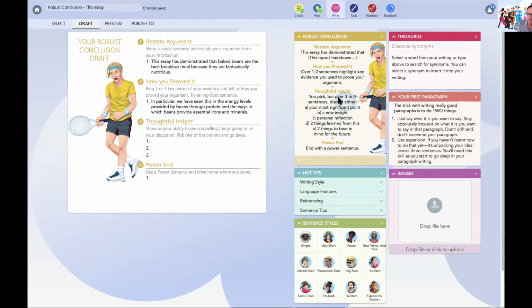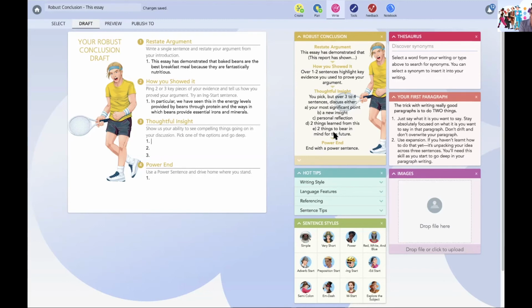You pick, but over 3 or 4 sentences discuss either your most significant point, a new insight, a personal reflection, 2 things we could actually learn from this, or 2 things to bear in mind for the future. I've given you 5 possible things that you might choose from to demonstrate your thoughtfulness, your insightfulness, because what's occurring here in the conclusion is this.